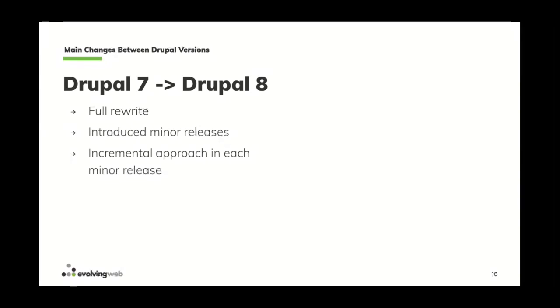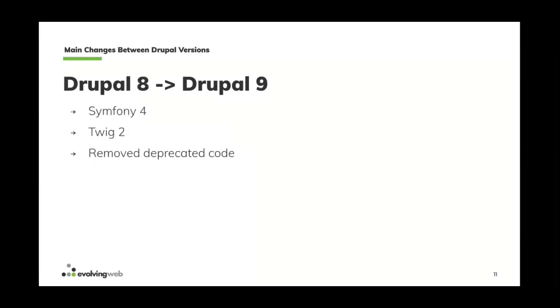So this is something great about Drupal 8, the release concept. It introduced an incremental approach. You don't need to wait for a full major Drupal version in order to get new great big features. Instead, you'll get them every 6 months. Now, in June, Drupal 9: what changed?